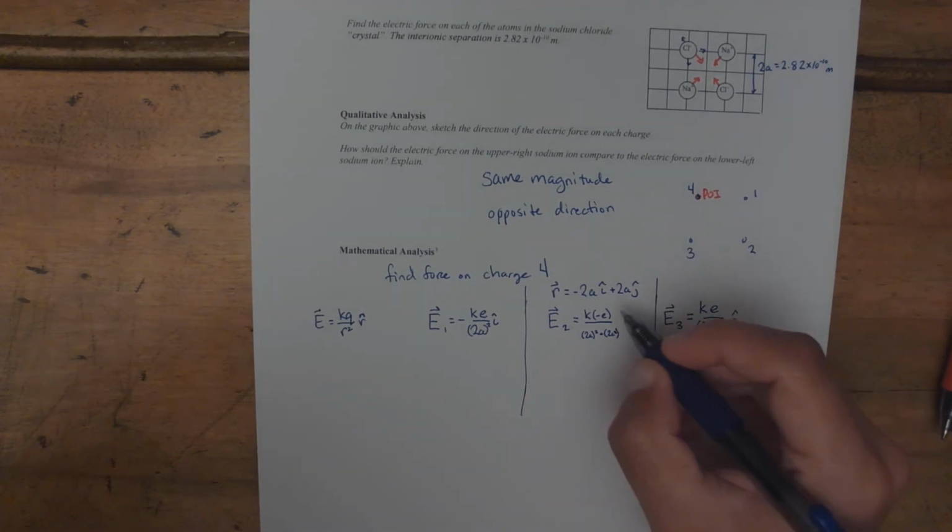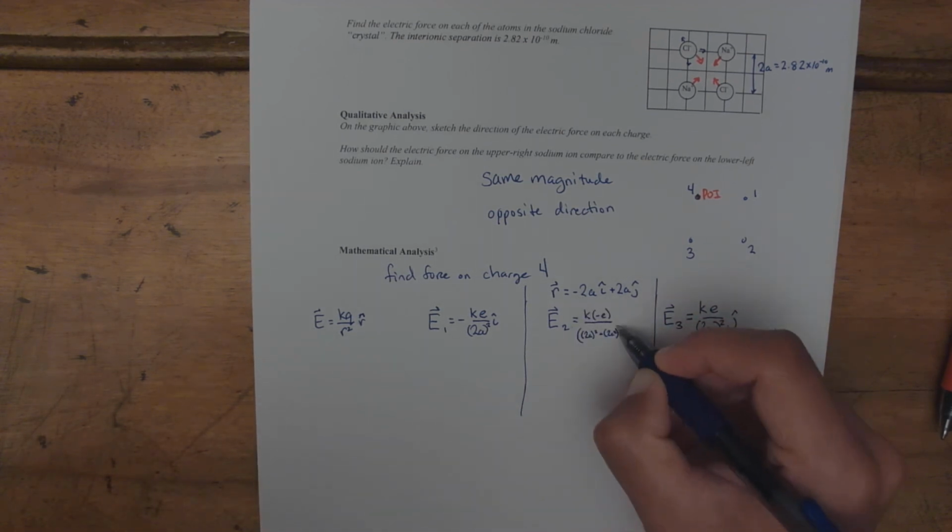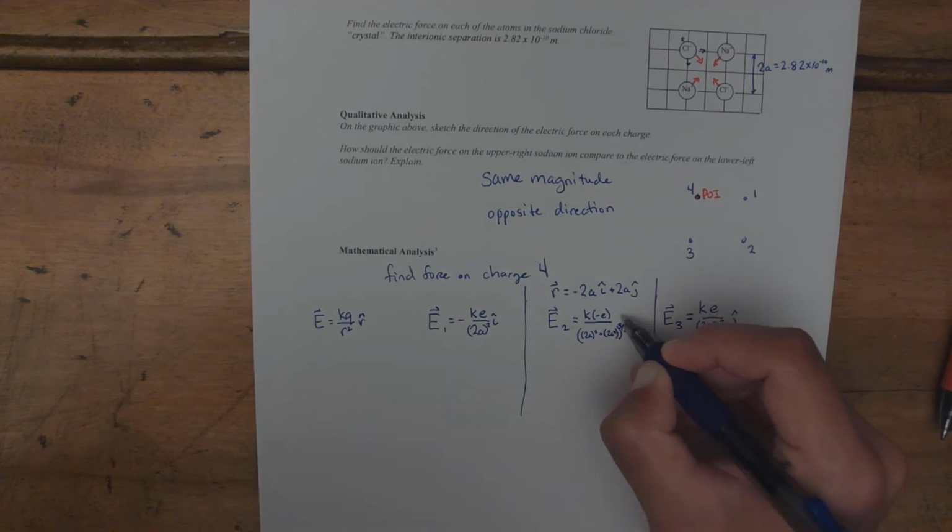And then when we multiply this by r hat, this becomes to the 3 halves, and this, I'm just going to stick it in the numerator here because I'm tight on space.